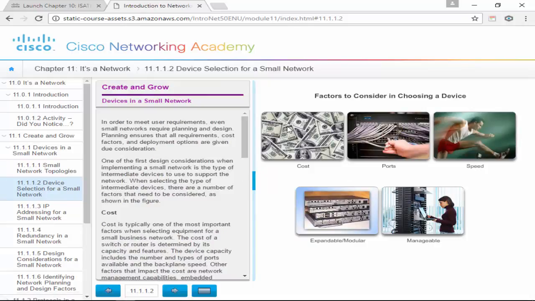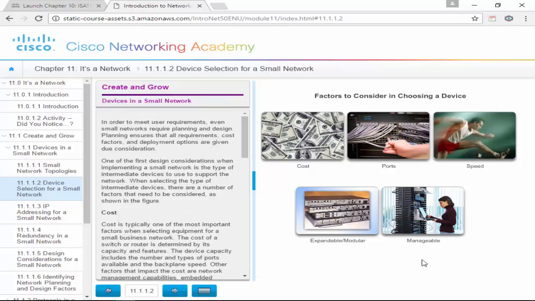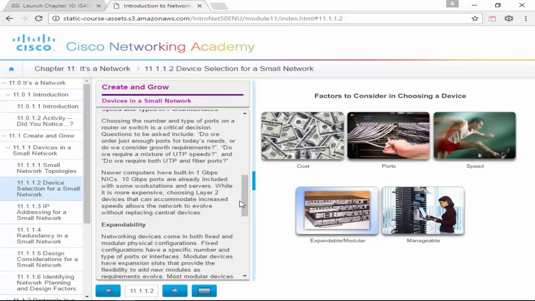You probably don't need to be a real great network administrator to keep this running, as it's one network. What factors do we think about when we do these? Well, I hate to tell them, this is not just for a small network. We think about cost, the amount of ports, the speed of it. Is it expandable and manageable? A lot of people don't buy manageable devices in that small of a network. So what this means is ports, how many we have, what kind of speeds our device is supporting.